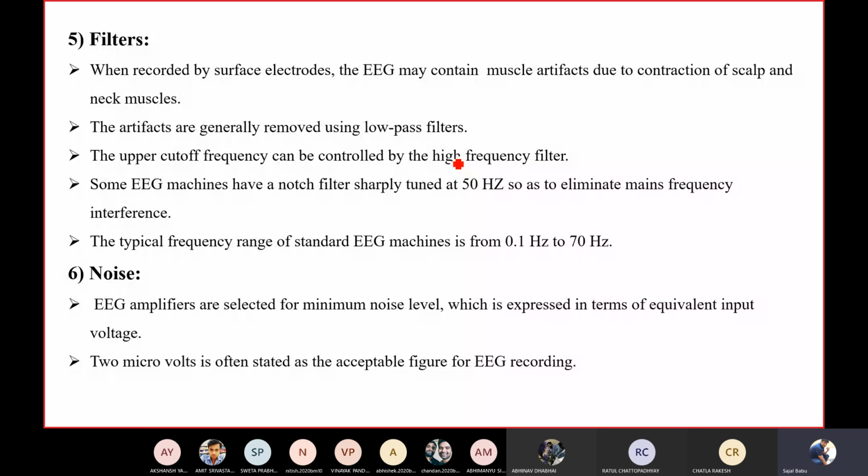How the filters are working? कोई है? सो गए सब लोग?